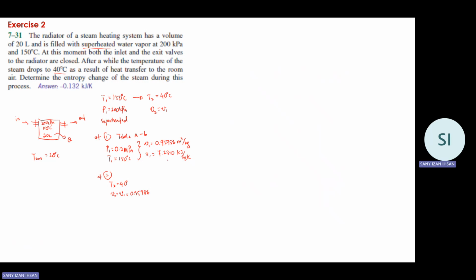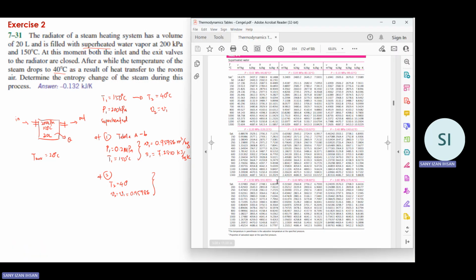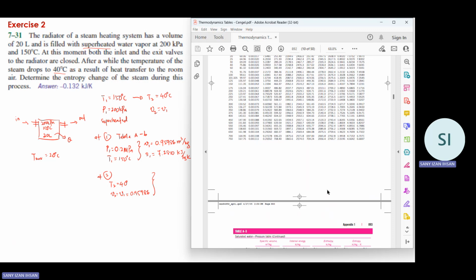Let me skip the unit. So we are not sure what state it is, so we need to check. Let's go back to the table.